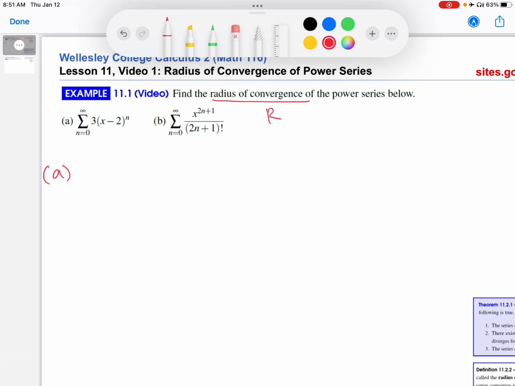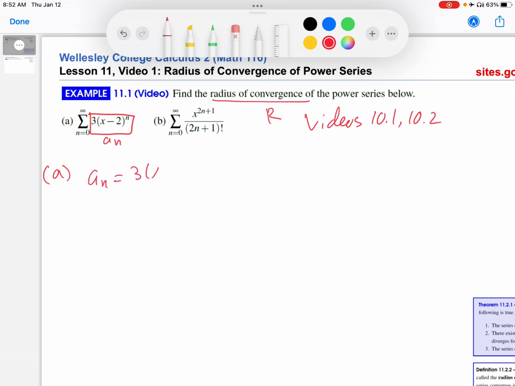And I mentioned earlier that we were going to use the ratio test to do this. That's the main test that we use to find this radius of convergence. So I'll send you back to videos 10.1, 10.2, where we talked about the ratio test and did a few examples of using it, in case you want a refresher. Long story short, in the ratio test, I always recommend that you take the entire expression of the sum and make that your a sub n.